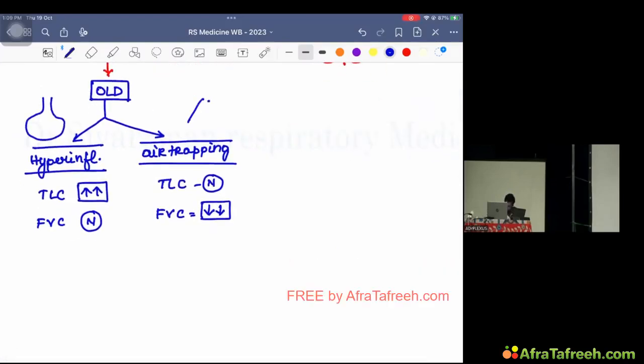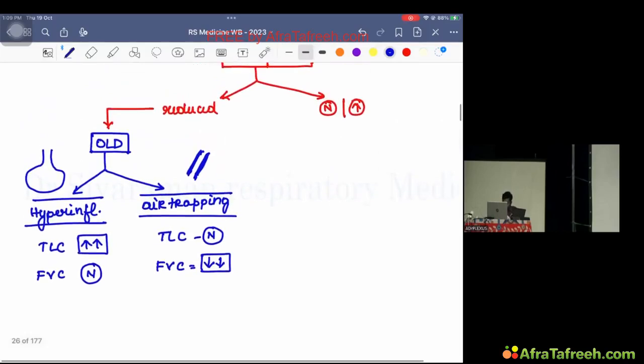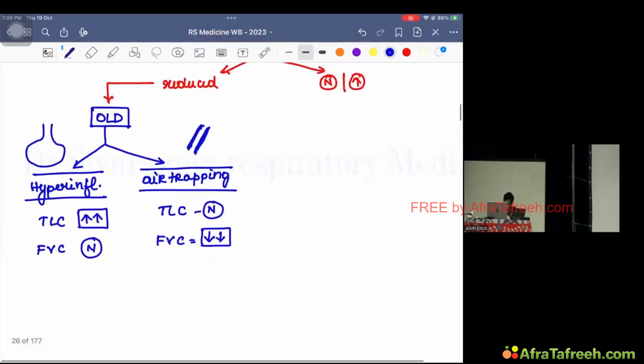Air trapping is your airway becoming narrower. So whenever you have these two variants, you have to think about either hyperinflation or air trapping.